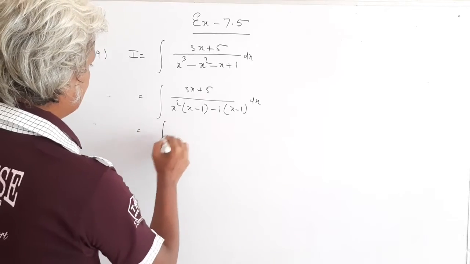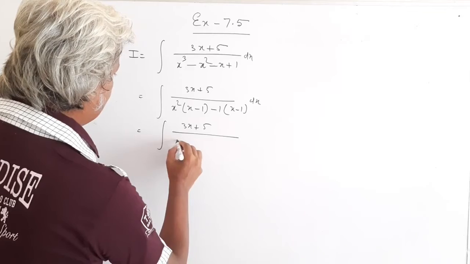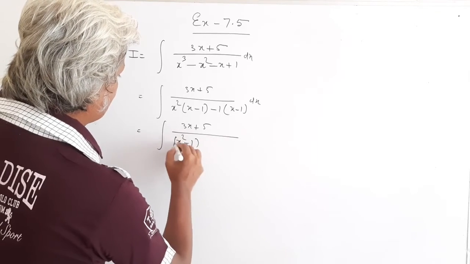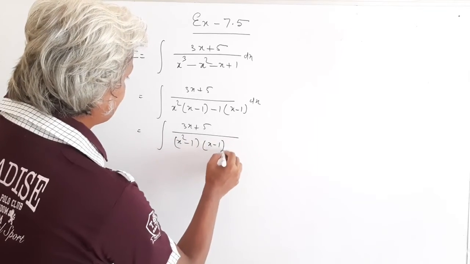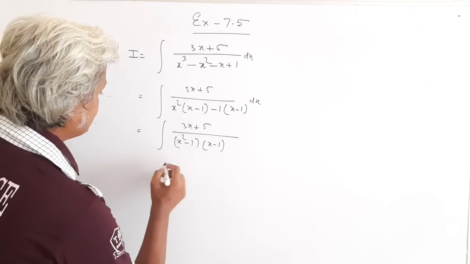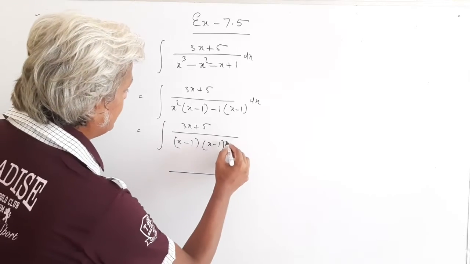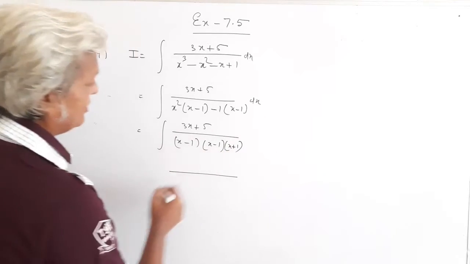So this gives you 3x plus 5 over x square minus 1 and x minus 1. Now x square minus 1 can be further broken down as x minus 1 times x plus 1. So I write this one as x minus 1 and then I write this one as x plus 1.